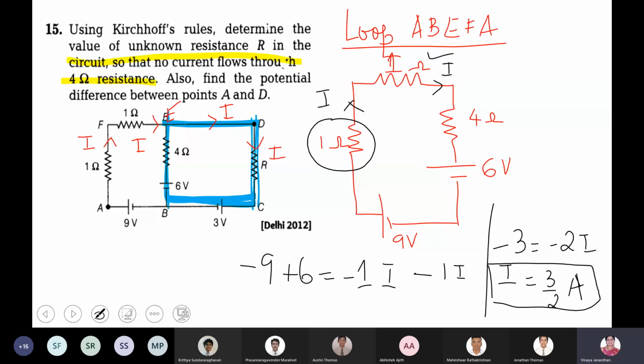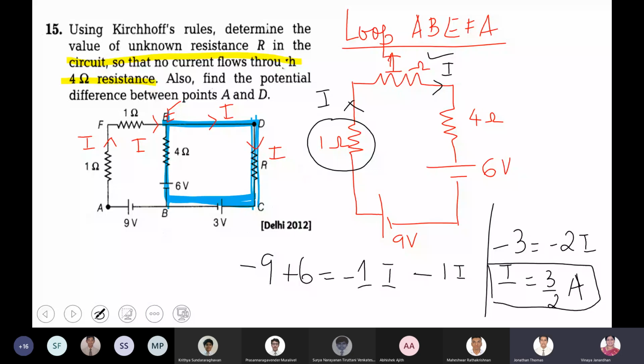Is the flow of current already given in the question? No, I am putting the value. You can put it anti-clockwise also, not an issue. It will be the same in both cases. Across the 4 ohm resistance, it will be 0.